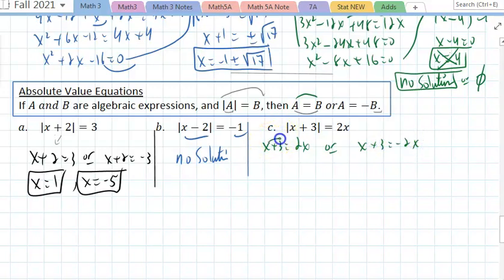Well, here, if I solve for x, subtract x from both sides. Here, subtract 3 from both sides.